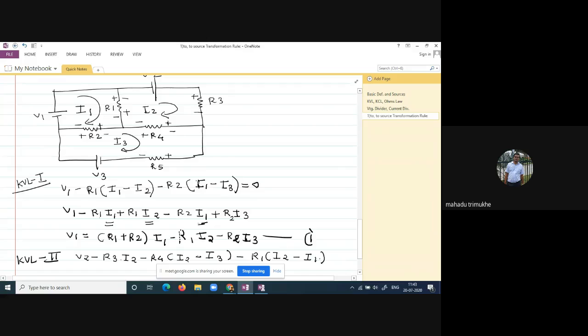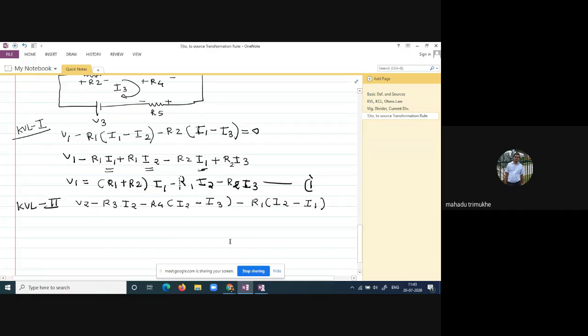Okay, this is the KVL applied at mesh 2. You have to simplify this equation. We have started with V2, again minus R3, the current is I2, minus R4 is common between I2 and I3. That's why we have taken minus R4 times I2 minus I3. Then R1 is common between I1 and I2, then minus R1 times I2 minus I1.